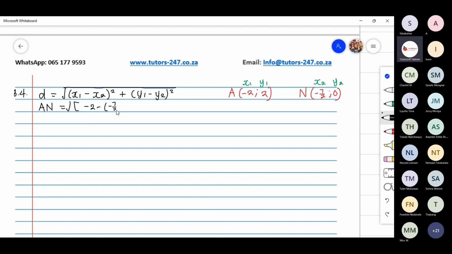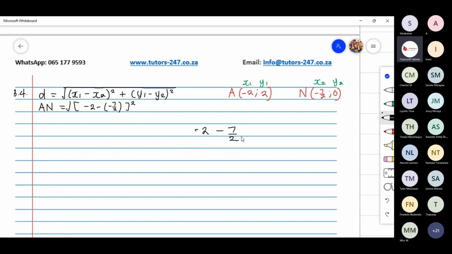Negative 7 over 2. Something important to take note of, I've seen this error quite a number of times, whereby because there's a negative in the formula and because the value is negative, students then leave out one of the negative signs. So instead of writing negative negative, they would have negative 2 minus 7 over 2.